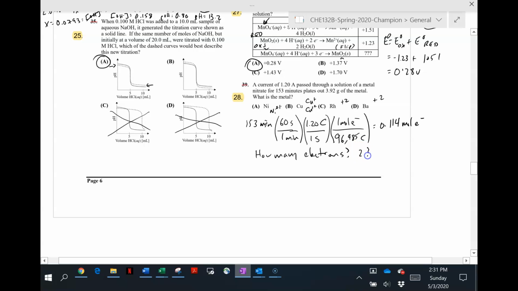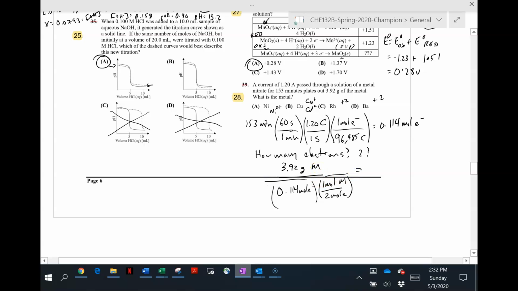So if I have 3.92 grams of the metal, and I have 0.114 moles of electrons, and for every mole of the metal I need 2 moles of electrons, what this should give me is the molar mass of the metal.